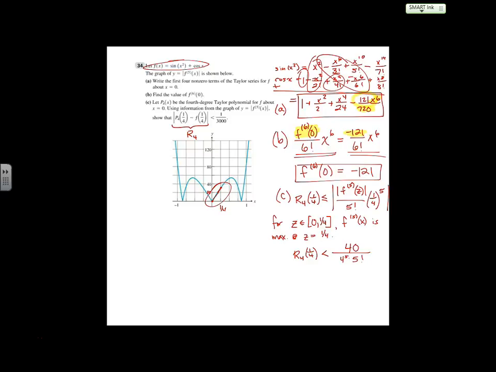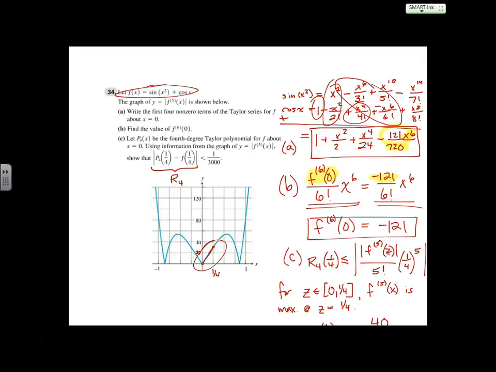Because for instance, if we were to plug this into our graphing calculator, we could theoretically expand and find the 5th derivative of this function, and we could plug in 1/4.